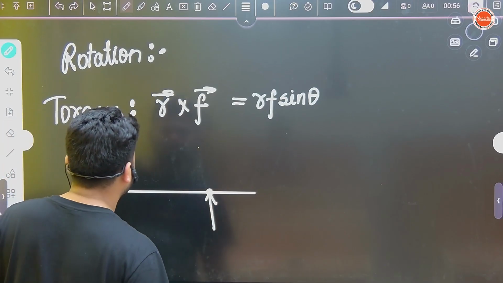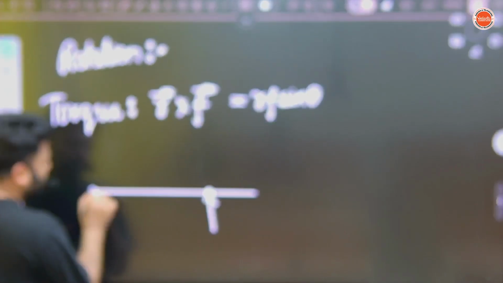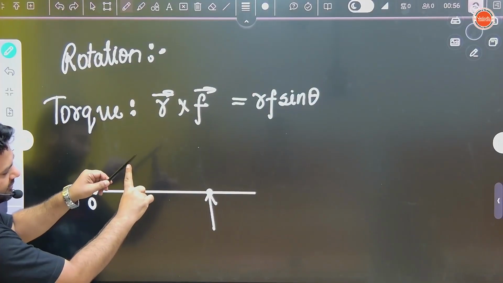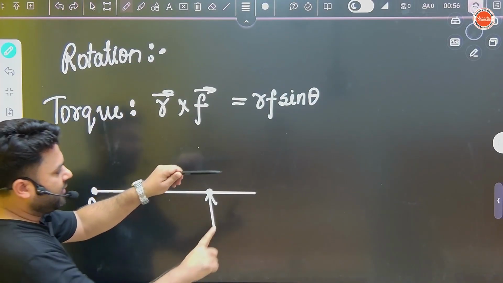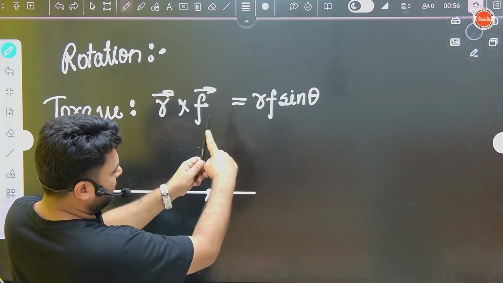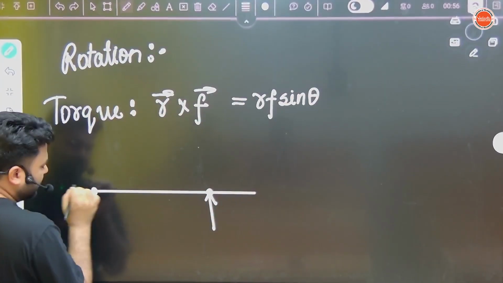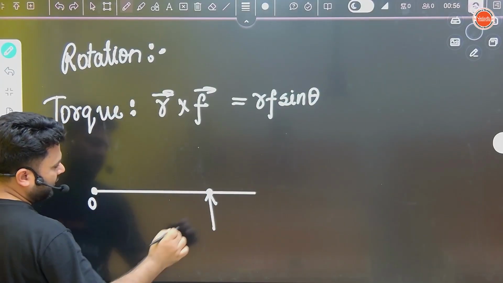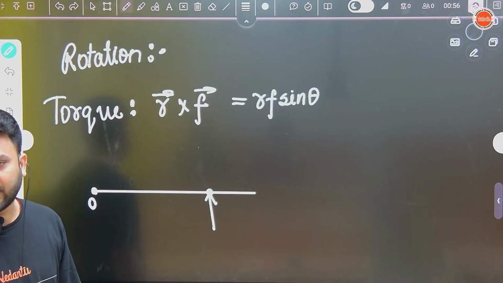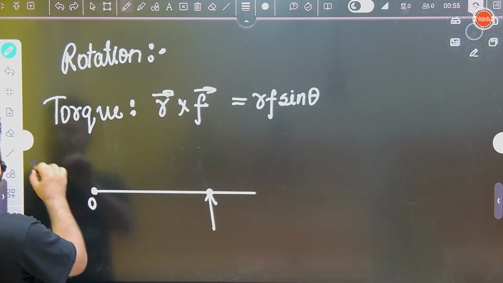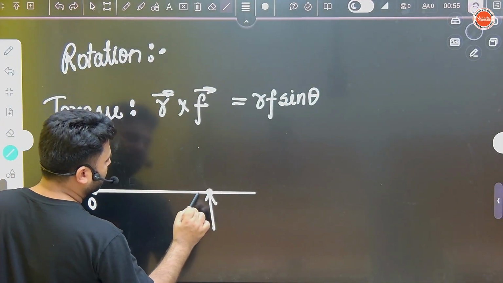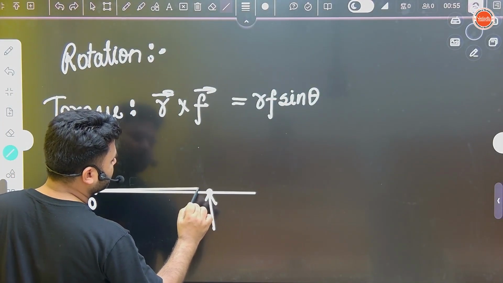What is R? Means from the center of rotation, like this rod will rotate. If you apply force like this, this will rotate. So from the center of rotation, at what point you are applying the force, that is R. From the center of rotation, you have to draw a vector to the point where you are applying the force.